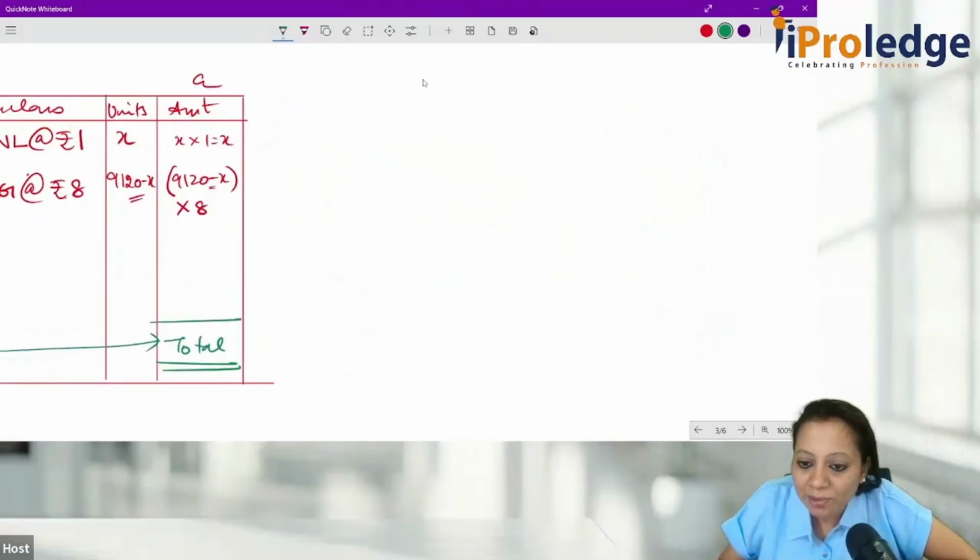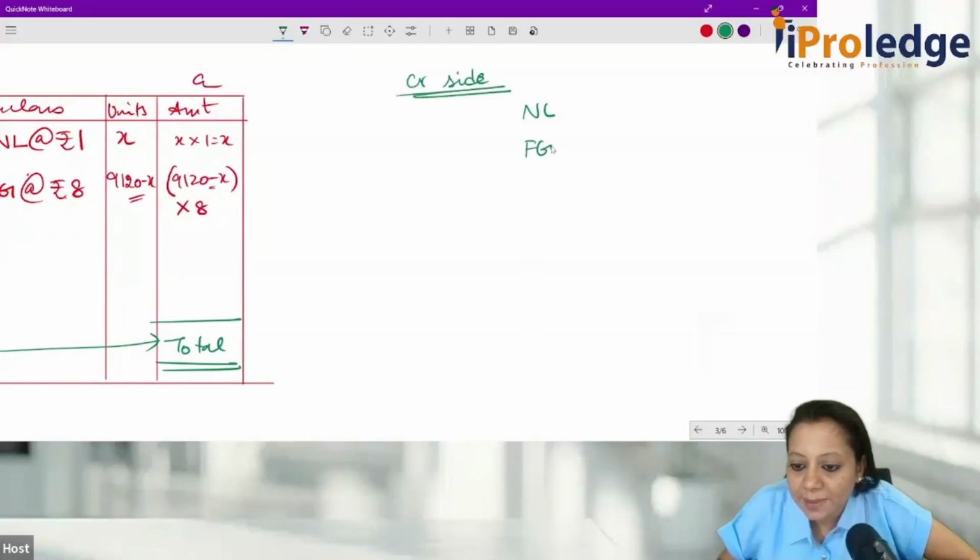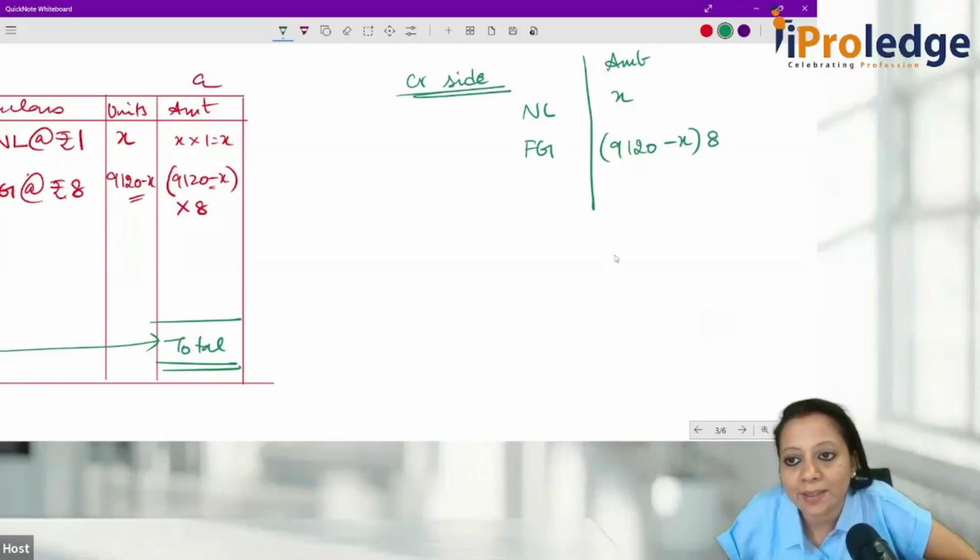So what is the meaning of that? So in the credit side, we have normal loss and we have FG. Normal loss amount is going to be X because X into 1. And FG amount is going to be 9120 minus X into 8. Correct, everyone?